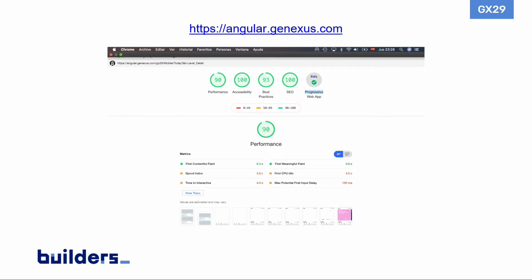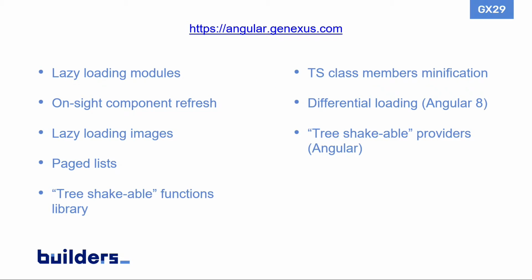So this is the final version of the application, and this is in mobile. It worked very well. And how did we achieve it? Obviously, the first time we ran it, it didn't work like this. It was in red and yellow.